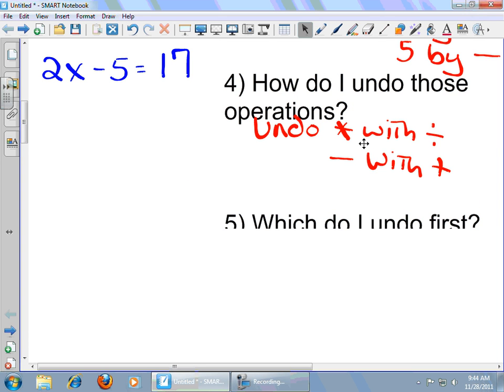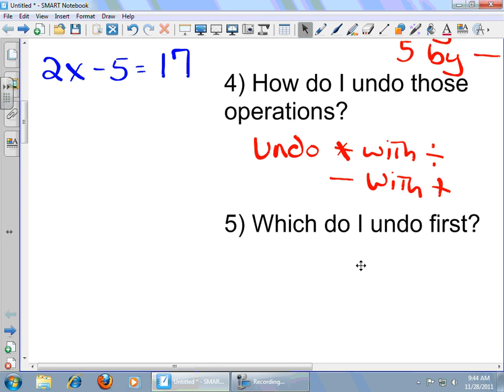Many of you are thinking of PEMDAS, or the order of operations, and that you should do the multiplication first. But we are not doing multiplication, we are undoing. And since we are undoing, we have to follow this very important rule. We have to listen to Saddam. All it is is the order of operations in reverse. Why? Because we're undoing things.